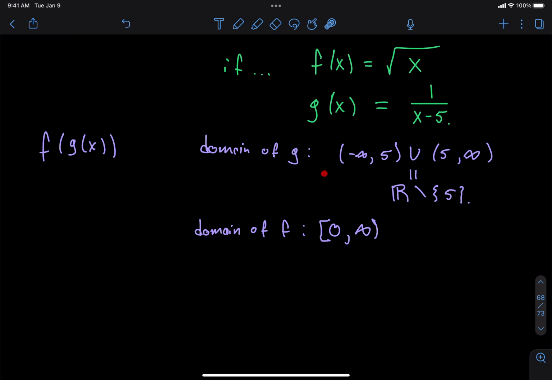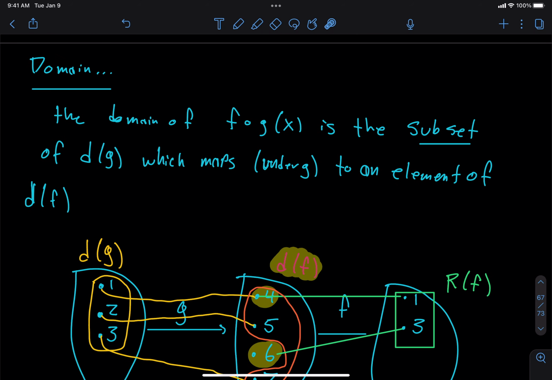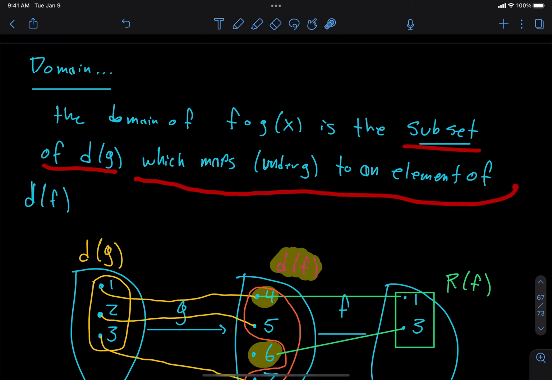All right. So now we know the domain of g. We know that the domain of f of g of x is going to be a subset of this domain, okay? So how do we figure out what it is? We need to consider the other condition. It's the subset of the domain of g such that when I plug the x value into g, I get a number which can be plugged into f.